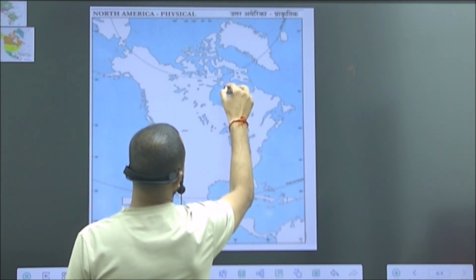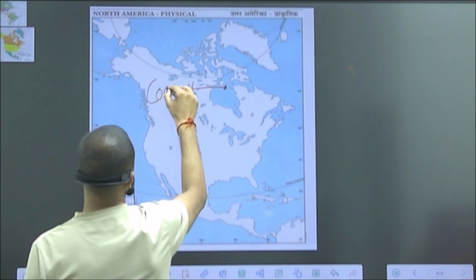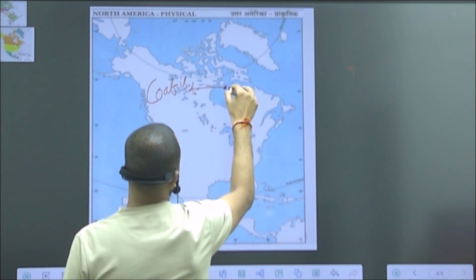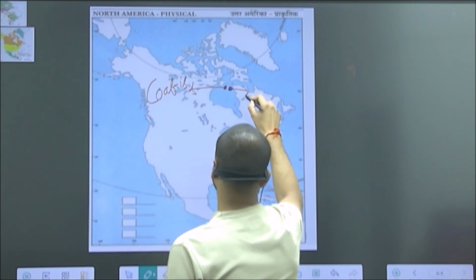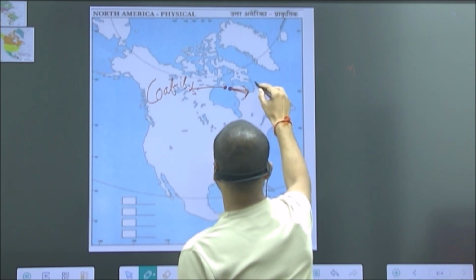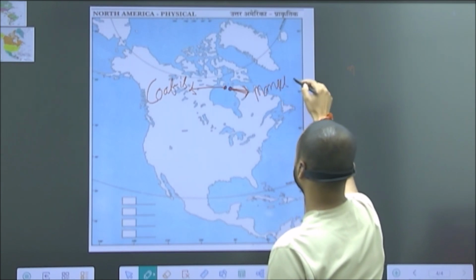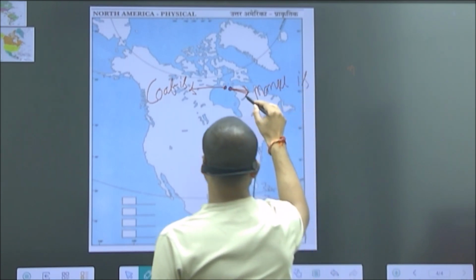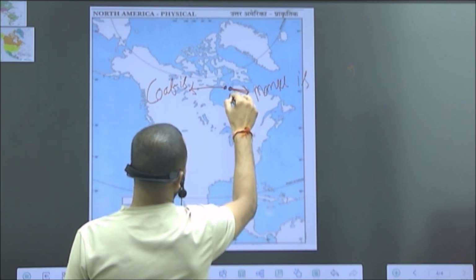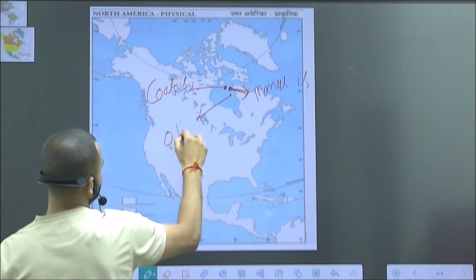This island is known as Coat Island. This island is known as Mansell Island. Here another island is situated, which is called Ottawa Island.